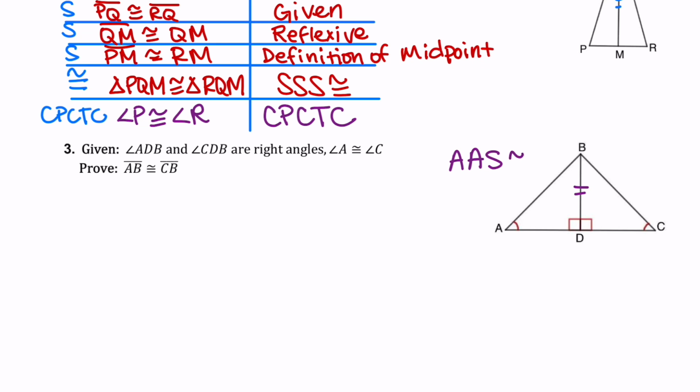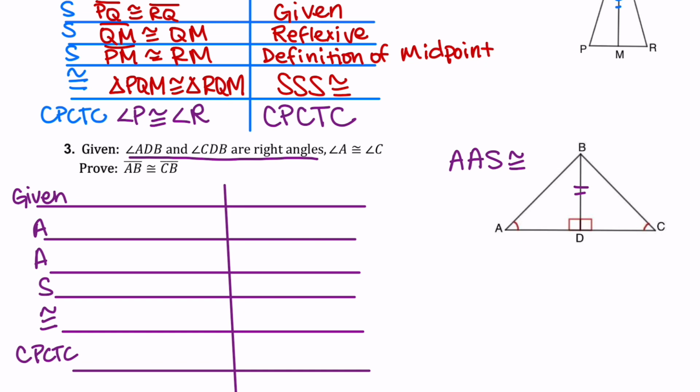Notice that the side is not in between the two angles, so that it's AAS. So we are going to write any given information that's not one of the sides that are congruent. So we have this bit right here. So we are going to write given, and then we will have angle, angle, side congruence, and then at the very end we will use our CPCTC.